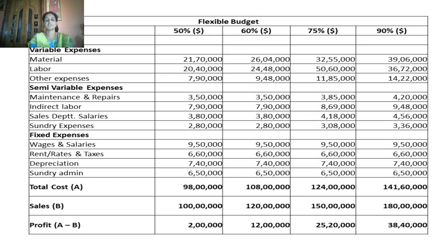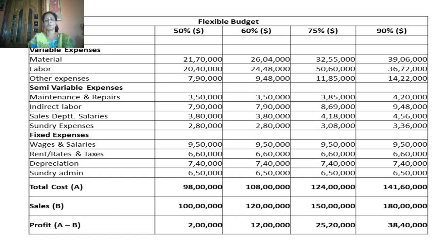Similarly at 60%, 75% and 90% also you can calculate. At 60% level of capacity, sales is 1 crore 20 lakhs and total cost is 1 crore 8 lakhs. So when you minus this sales minus total cost, the profit will be 12 lakhs, and at 75% sales is 1 crore 50 lakhs, cost is 1 crore 24 lakhs.